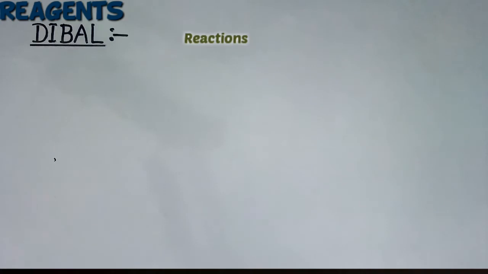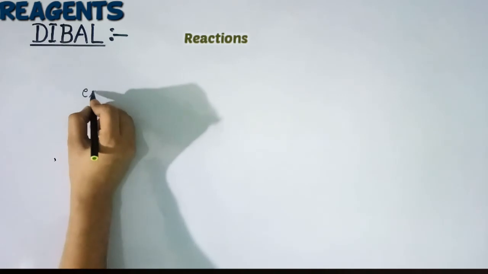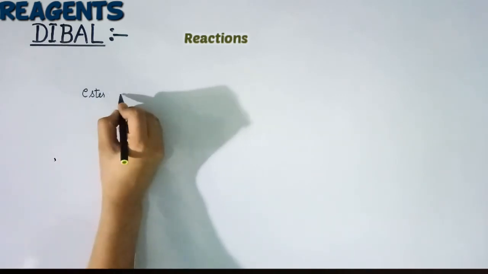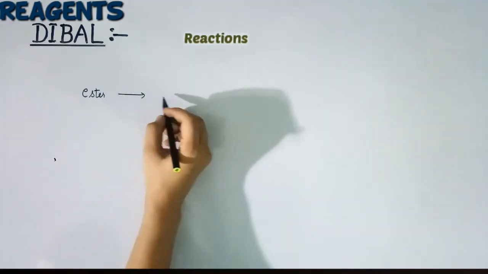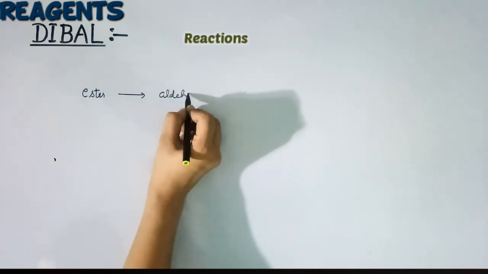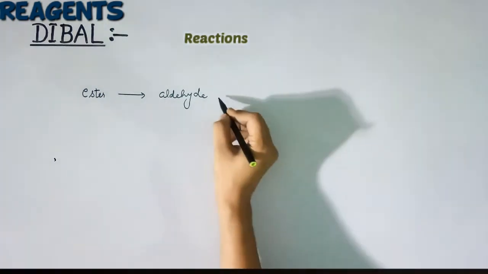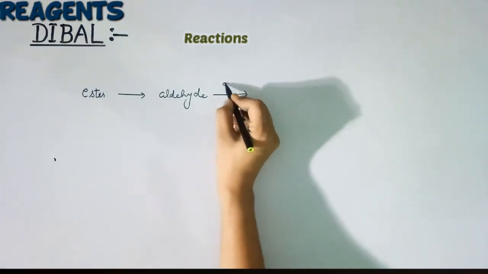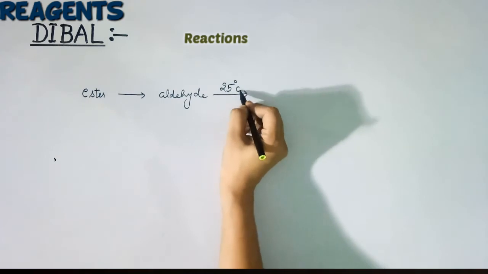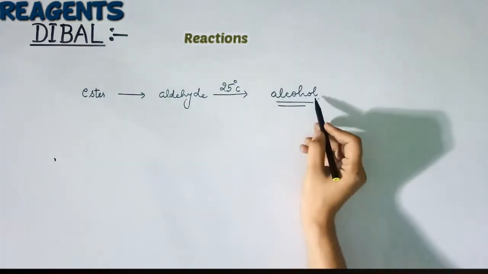Okay. Now let us see the temperature dependence of DIBAL. So we know that when esters are reduced in the presence of DIBAL, they will form an aldehyde. Okay. And I want to tell you that if the temperature is high, that is about 25 degrees Celsius, an alcohol will be formed.